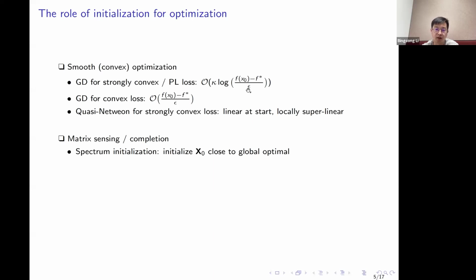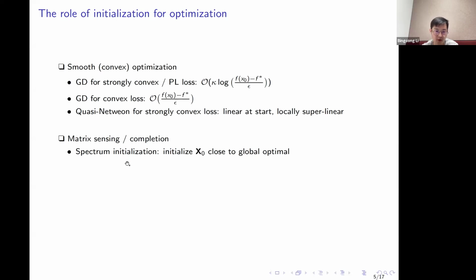In other words, initialization basically means how far away I am from my destination. And apparently, if my way ahead is too long, I need more iterations to get there, right? So this is the role of initialization in smooth convex optimization. And in terms of matrix sensing or matrix completion problems, which are closer to the problem that we are interested in today, there is another role for initialization.